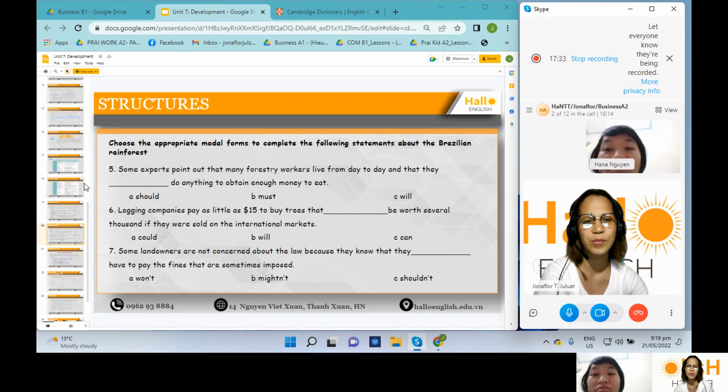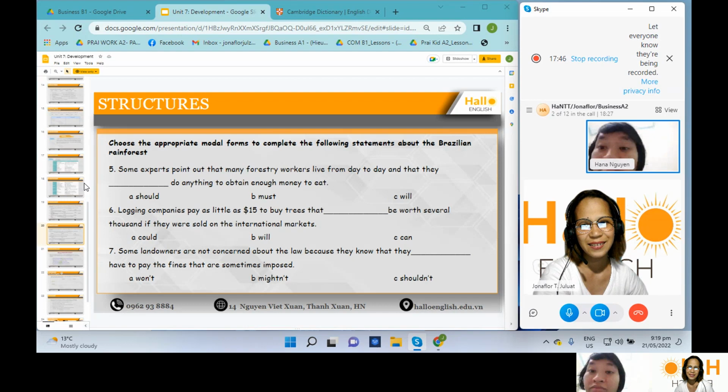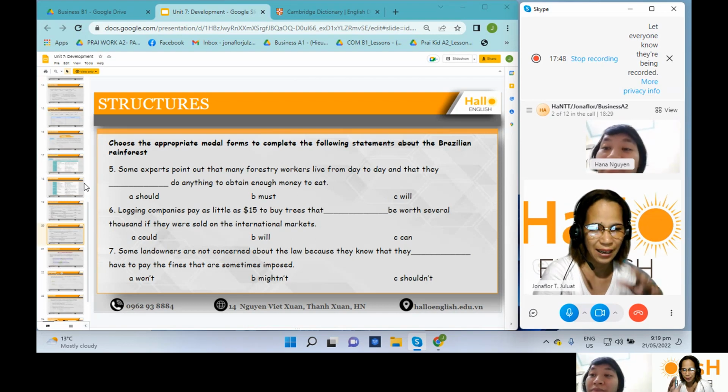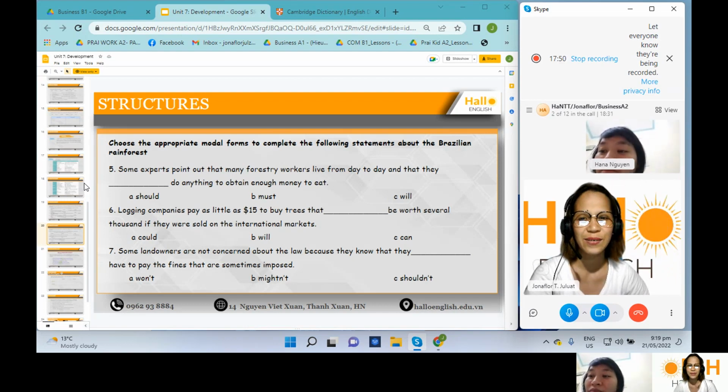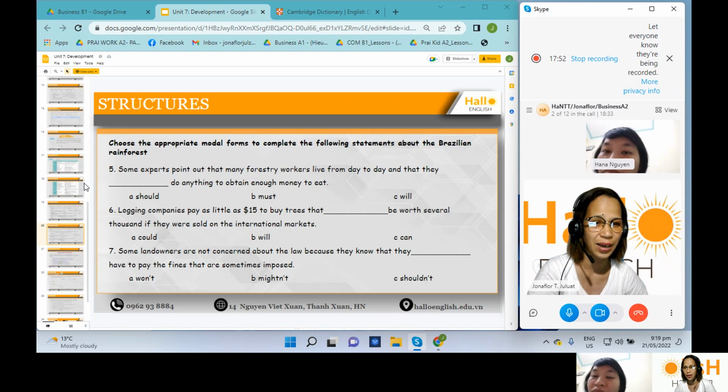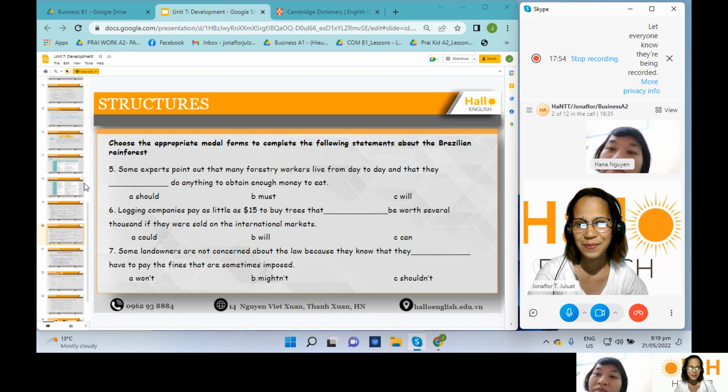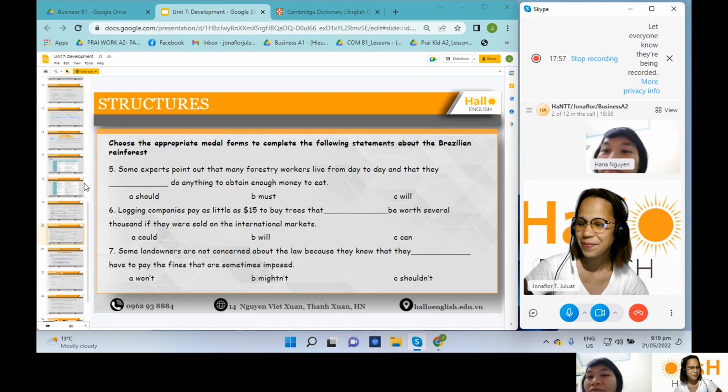Okay. So you oblige them to do anything. You oblige the people to do anything for them to obtain enough money to eat, right?